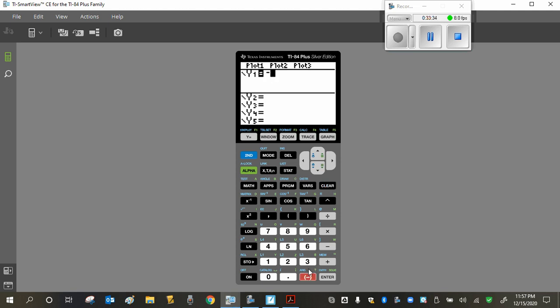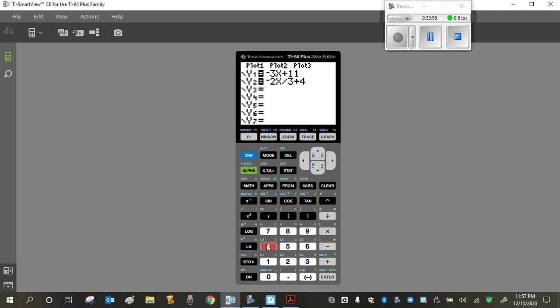Negative 3x plus 11 is the first one. Good. And this is negative 2x, so negative 2/3 x plus 4. Okay, so that's how you enter it.